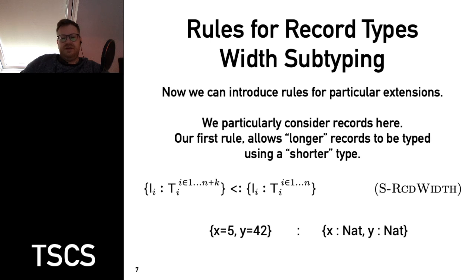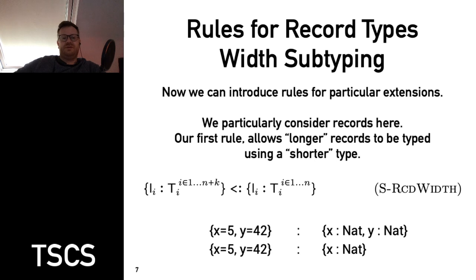Good. So in this case, this x equals 5 and y equals 42 record is typed as x: Nat, y: Nat. You can also search for a supertype that you can use your record for. You can also use this record instead of an empty record, because then n is 0 and k would be 2.